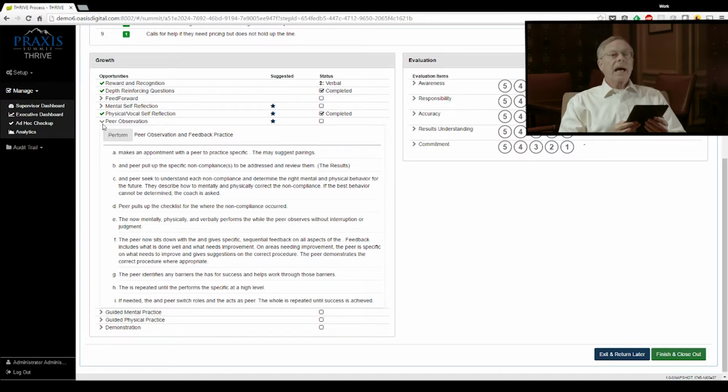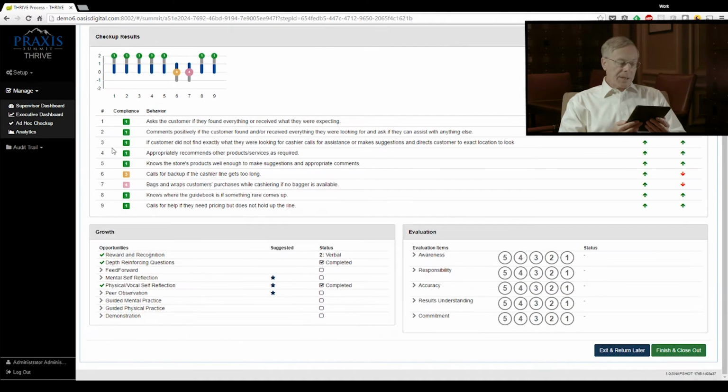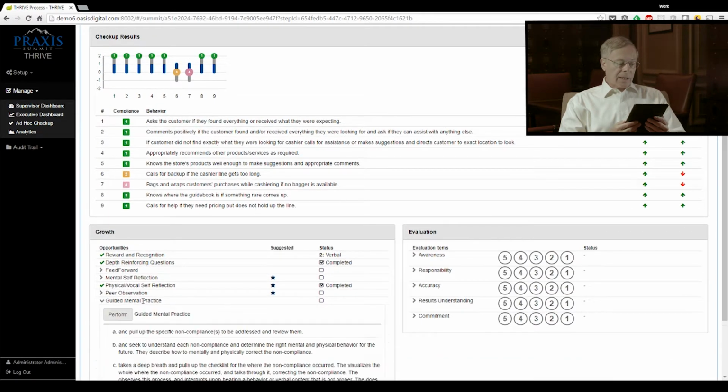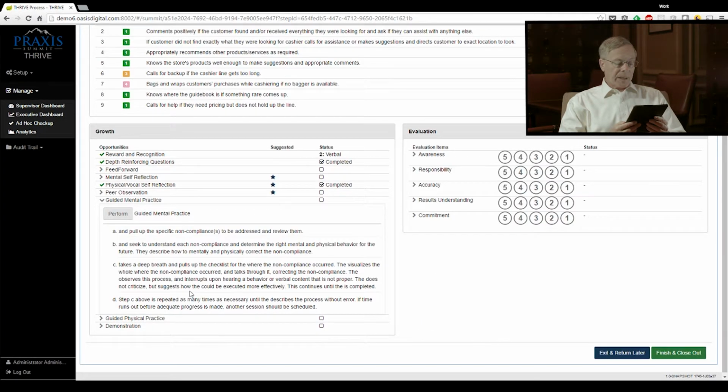So the next level is guided mental practice. This is the process of basically a supervisor helping to guide the mental practice of, again, visualizing going through the process.